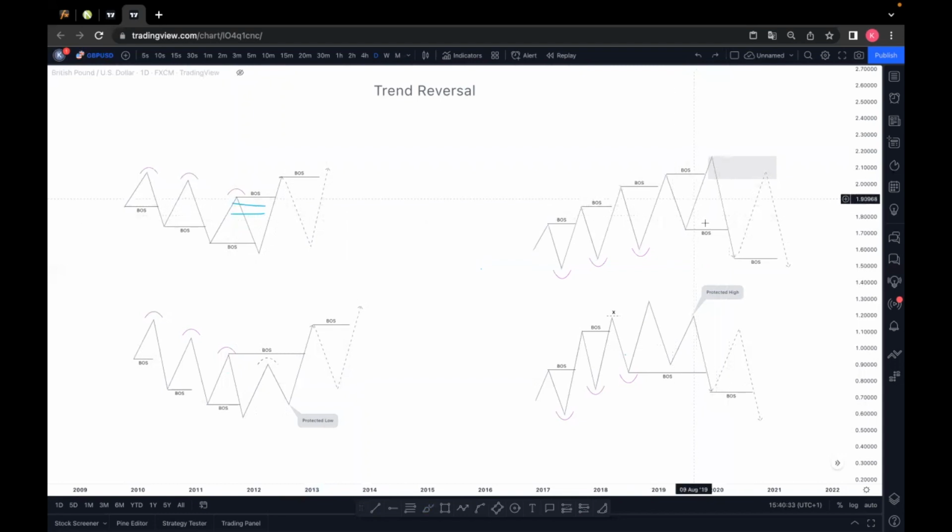We were expecting price to respect this demand zone right here and carry the move to the upside. What happens? Price actually violated that. So it just violated the previous trend, right? So we have this shift from bullish to bearish. We want to see price mitigating the order block that was responsible for taking out the previous low. And then we want to see that continuation to the downside.